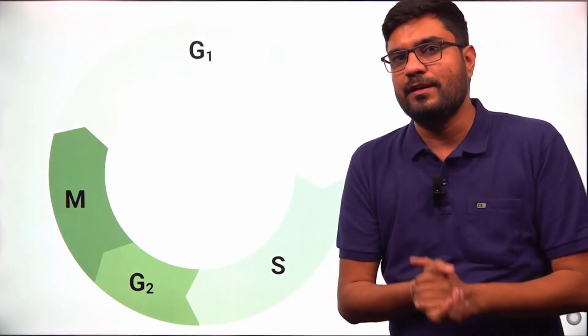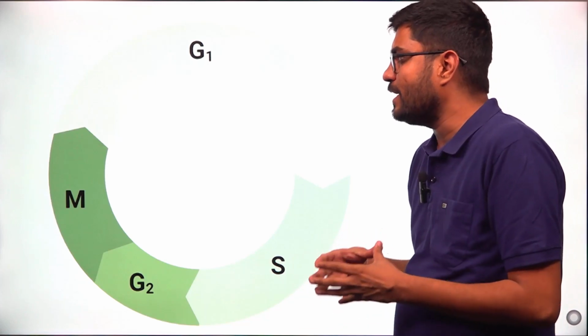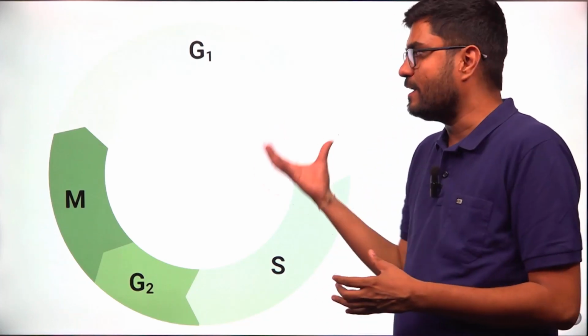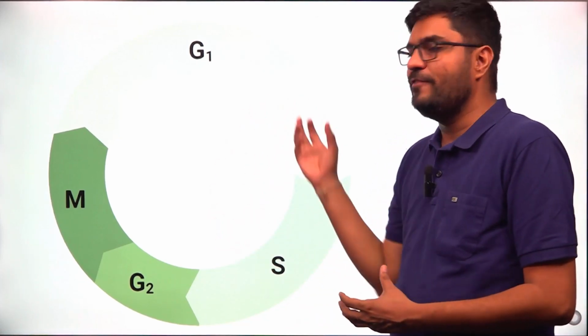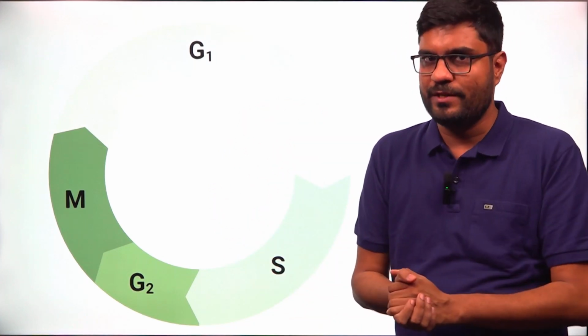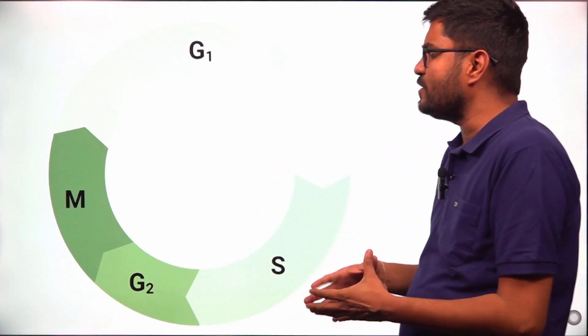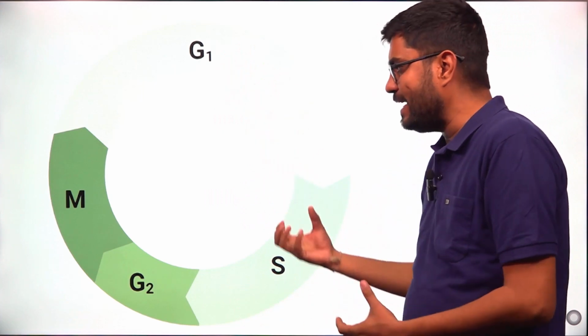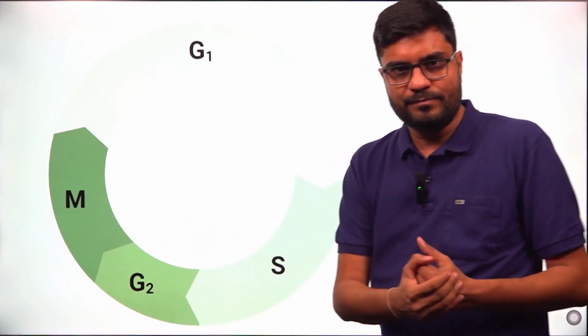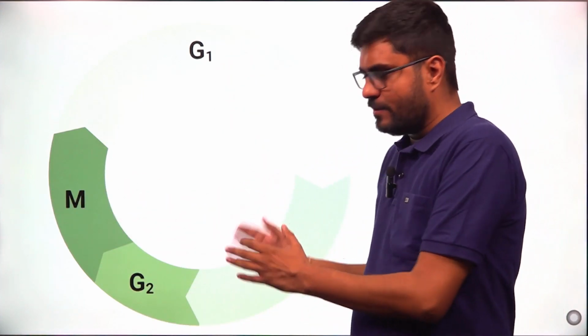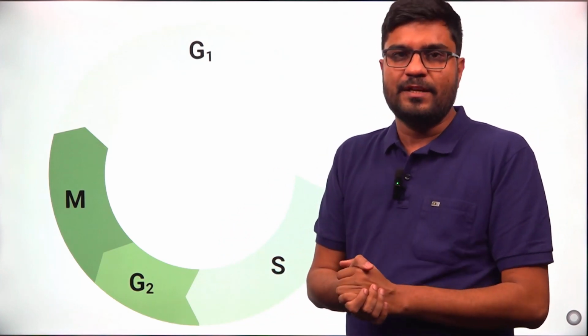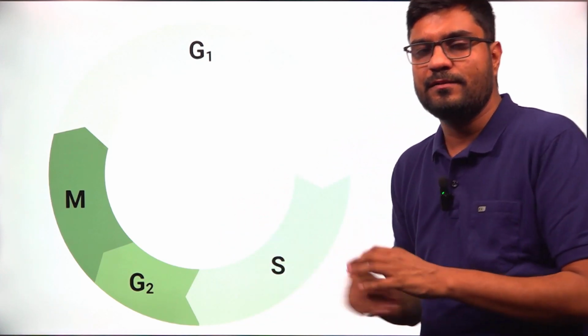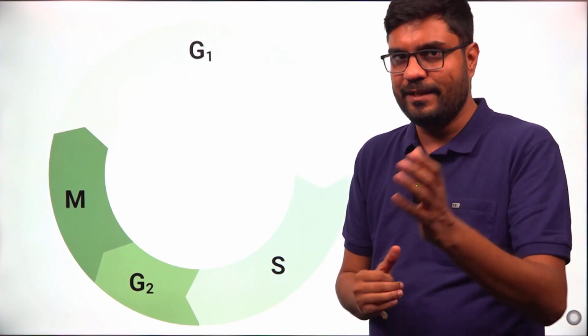So guys, now we understand how we can analyze the cell cycle or its different phases by using flow cytometry. We have the phases of the cell cycle, that is G1, S, G2 and M. But to analyze it with the help of a flow cytometer, we have to look at the cell cycle from the point of view of DNA.